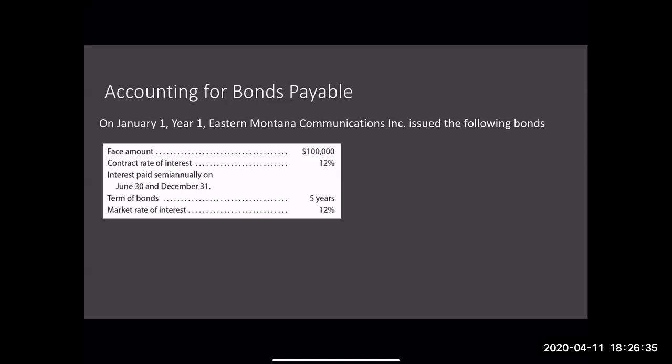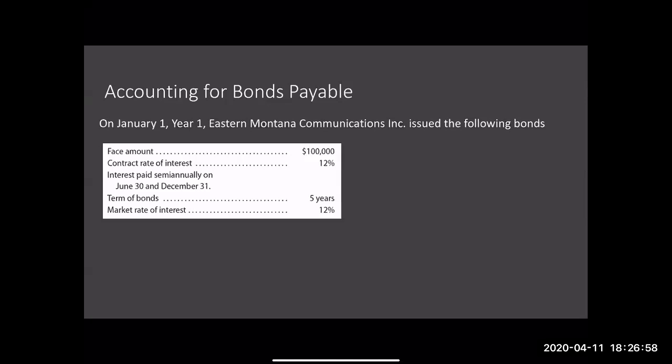And then the market rate of interest is 12%. Remember that market rate is those similar bonds in the same industry or things of that nature. What are they offering bonds for as well? This is very important because it'll help us decide if it will be sold at a premium, discount, or face amount.